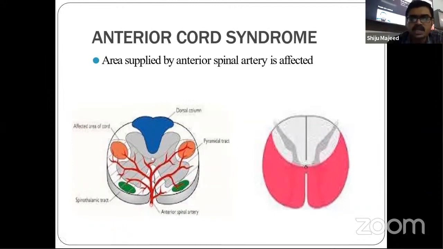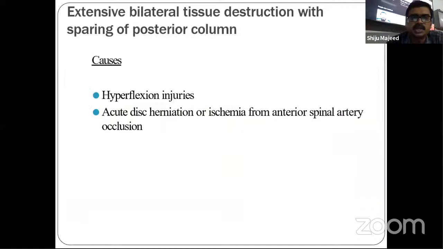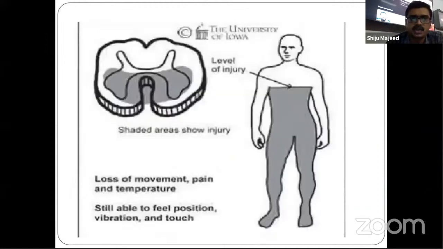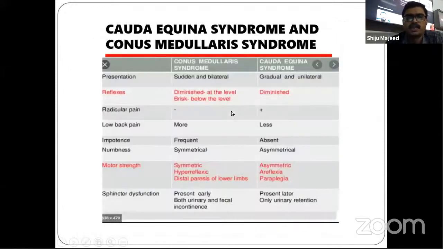So patients develop weakness, loss of pain, and loss of all other sensations except joint sense, position sense, and vibration sense. That is the typical picture, usually seen in ischemic injury to the anterior spinal artery. There is loss of movement, pain and temperature, but the patient will still be able to feel position, vibration and touch in an anterior spinal artery syndrome or the anterior cord syndrome.